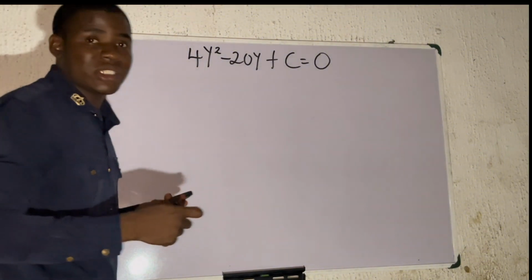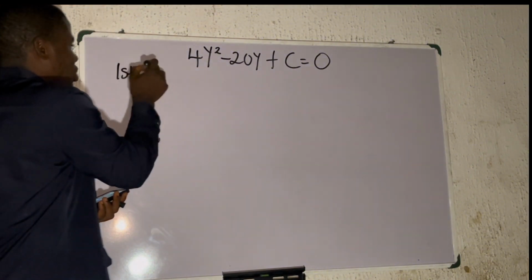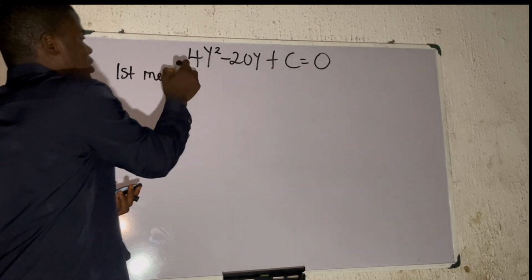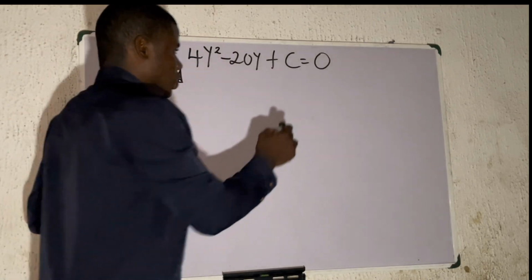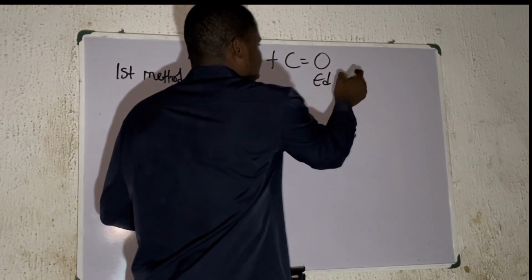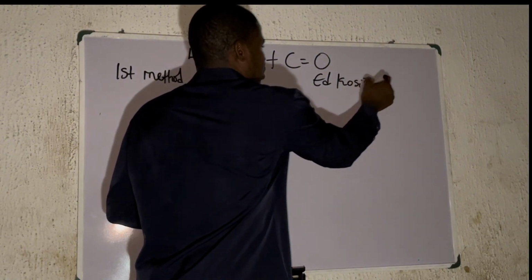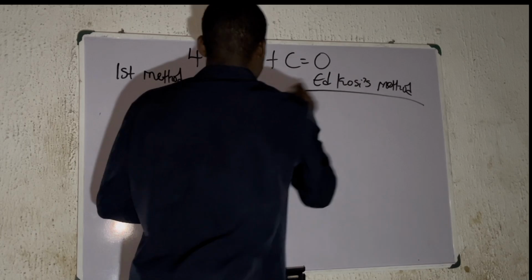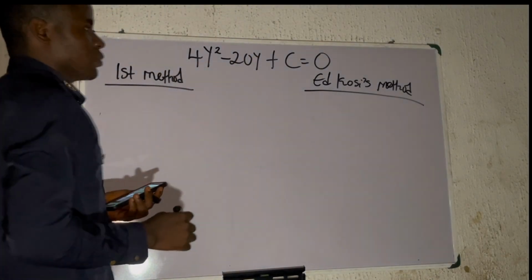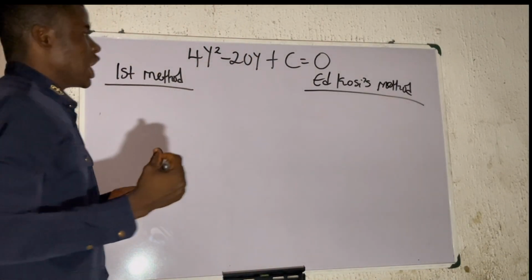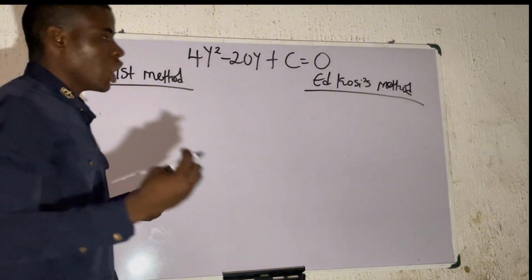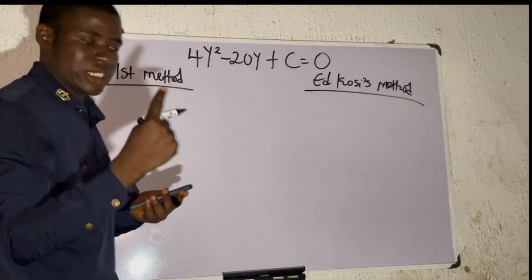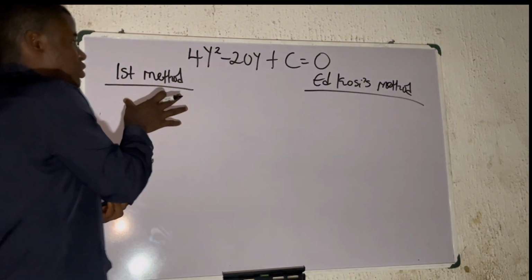The second method is what I call the Kosi's method, a very nice method that we all have to learn. In this case, I'll use the Kosi's method first, then lastly I'll use the first method.